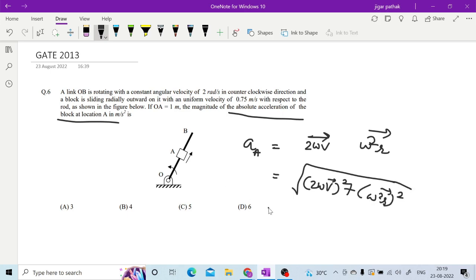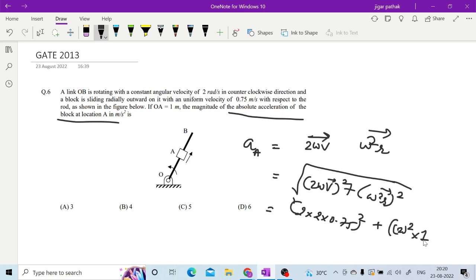Once you calculate these values, you have to take the square root of the sum of the squares of both. 2 omega v will give you 3, because 2 into omega, which is 2, and the uniform velocity 0.75. And omega square r is going to give you 2 square into 1, which is 4.